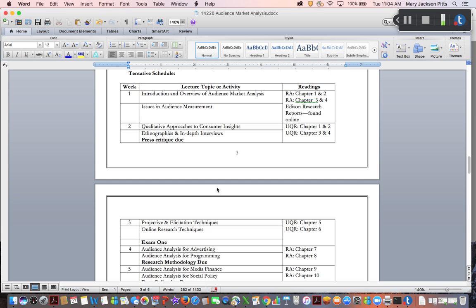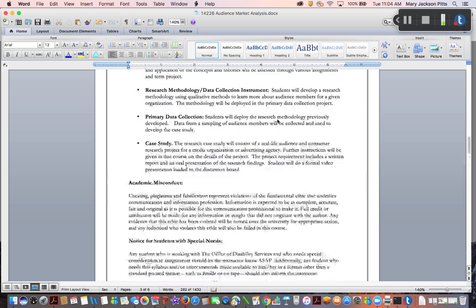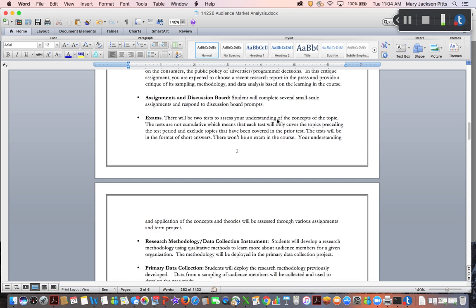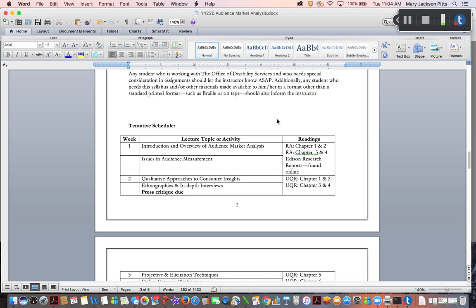Now you'll notice here the tentative schedule. You'll be working with the two books, Ratings Analysis. And so in the first week, you're going to need to read chapters 1 to 4, and you're also going to need to read the Edison Research Reports. I do want to mention to you that in all of these items here, you will be asked to complete some notes and some note taking.